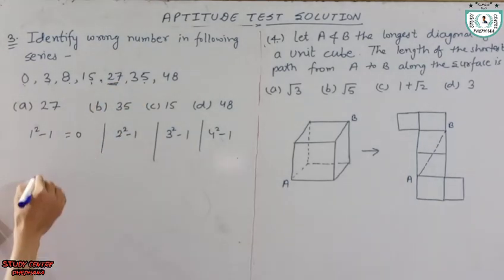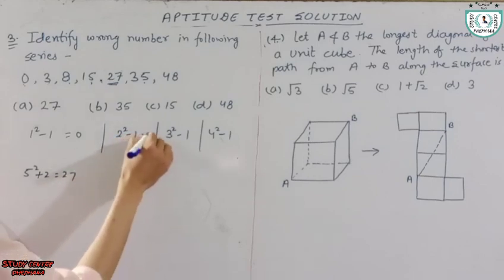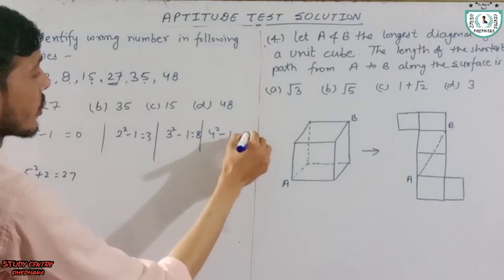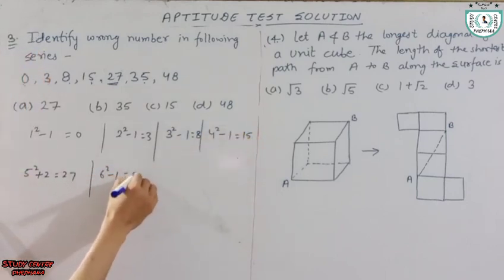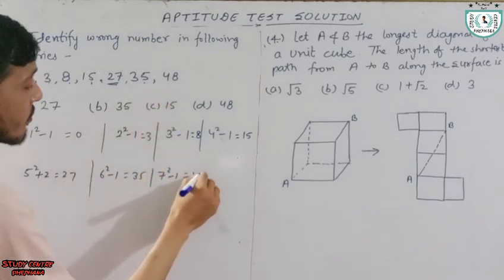27 is equal to 5 square plus 2, and 35 is equal to 6 square minus 1 and 48 is equal to 7 square minus 1.